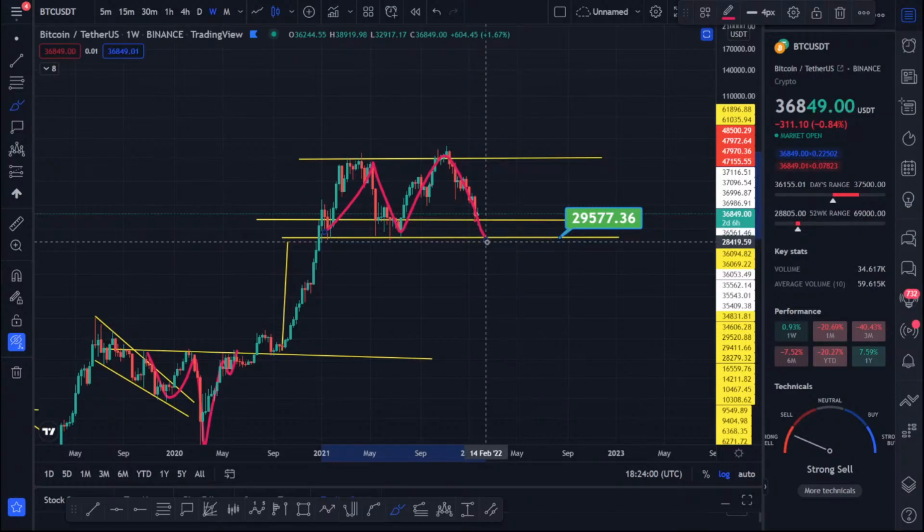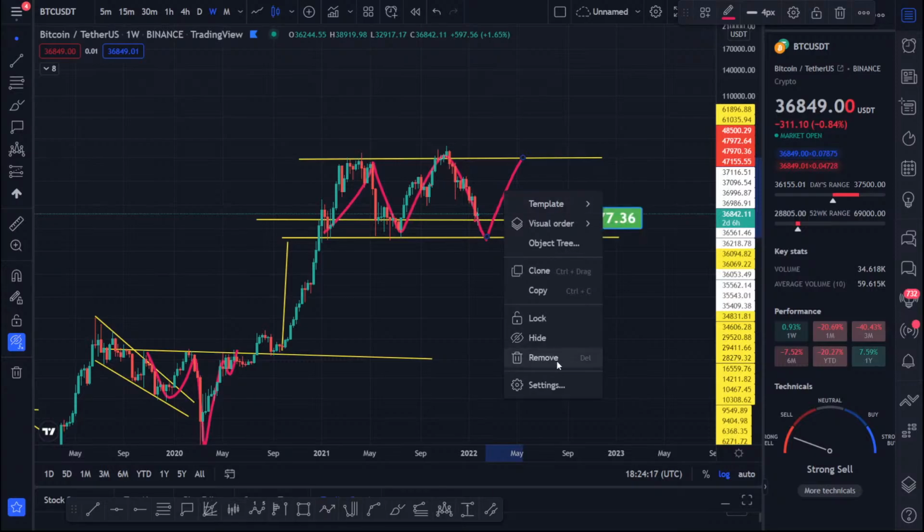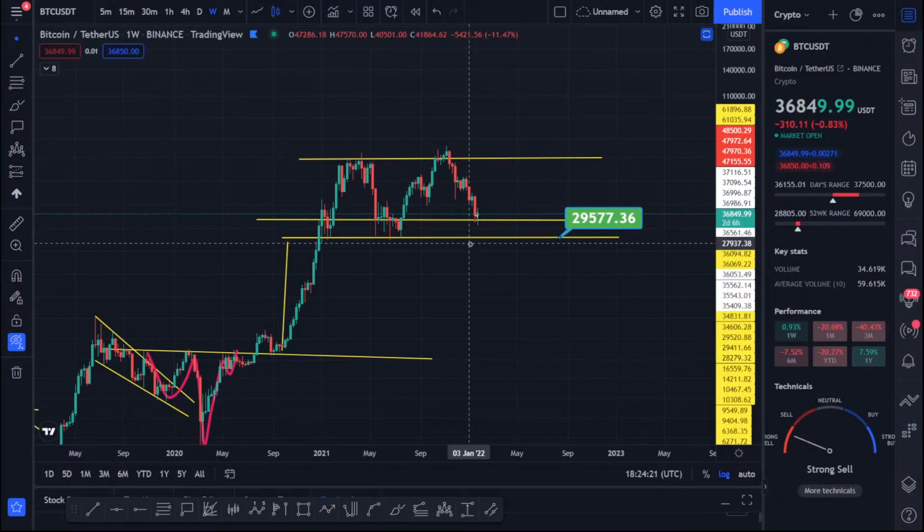Then you can also have this support where it can come up like that. Then you have this double bottom from the downside that makes a W bottom, a bullish W bottom.